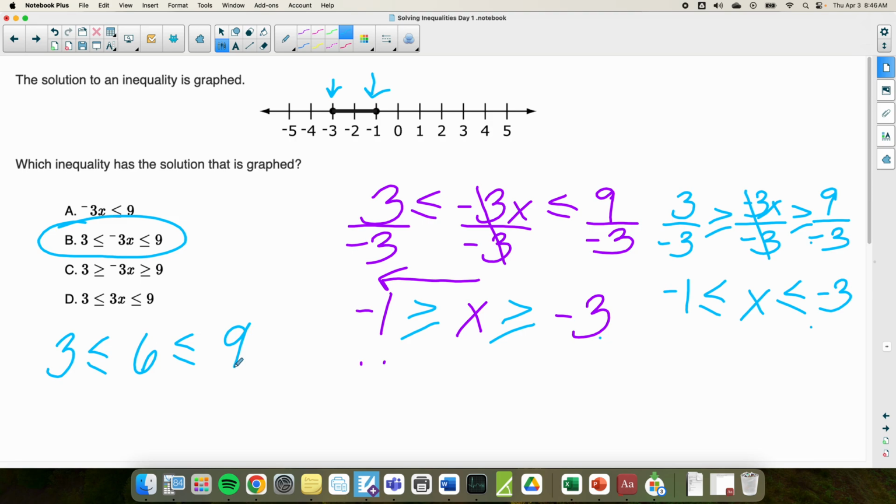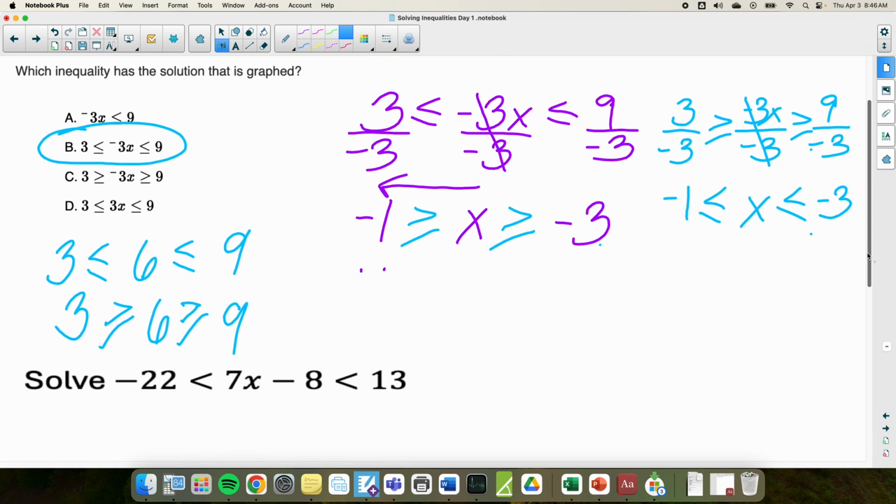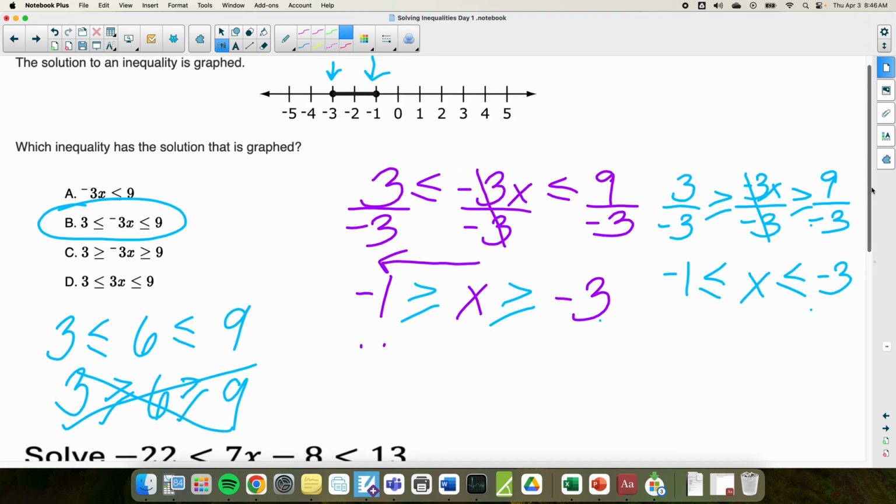Then if you check this one, it would be 3 is greater than or equal to -3 times the -2, that's 6. And then we'd have greater than or equal to 9, okay? If you read this, is 3 greater than or equal to 6, and is 6 greater than or equal to 9? No. So that one doesn't work, so that's another way that you can check if it's correct, okay?